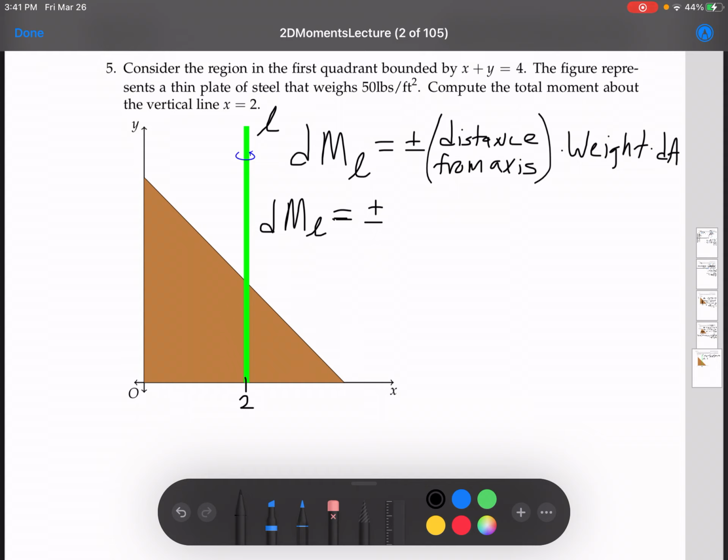And remember, if we have a vertical line that we're computing the moment about, then we want our rectangle to be vertical as well. So let's first draw the rectangle here.